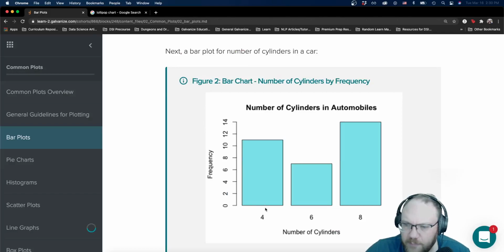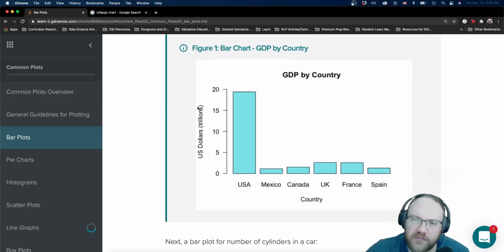Right? Where you have some discrete level or factor of a category, and then either a frequency or some sort of measurement on the left hand side, right? So we can see one that's measuring an actual statistic, in this case, gross domestic product, but this could be average height, median wealth, lowest Q1 of income, if maybe we were looking at the poverty levels, right?